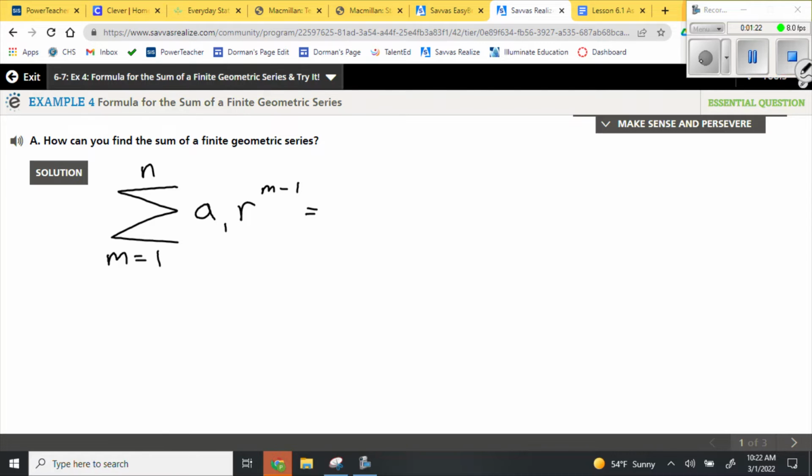The way this expands is like this, okay? This is a sub 1 times r to the 1 minus 1 plus a sub 1 times r to the 2 minus 1, right? You can see that this value of m keeps changing with each term, it increases, okay? So this says go up to n terms, start with 1, and then go up.